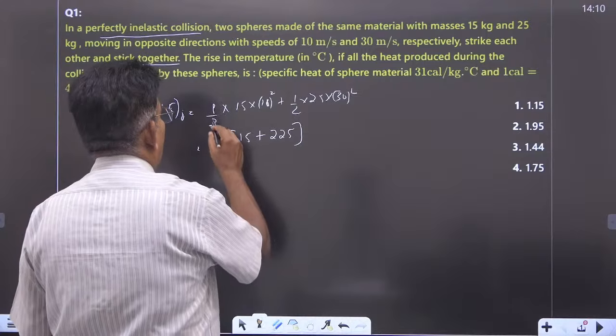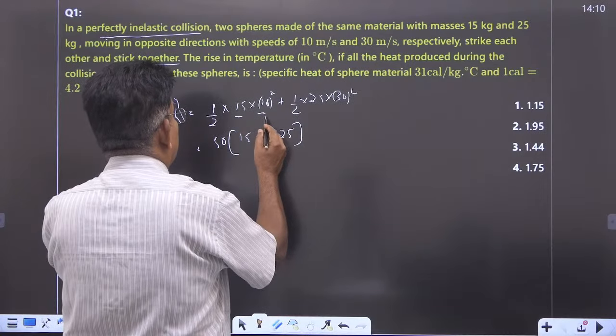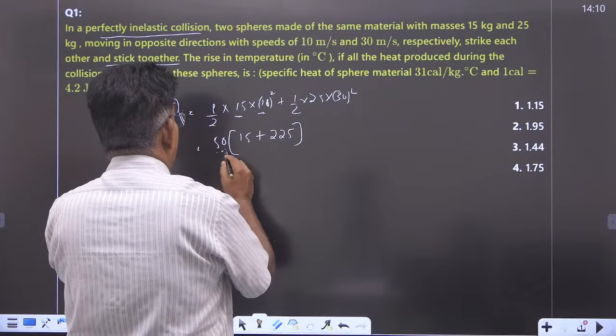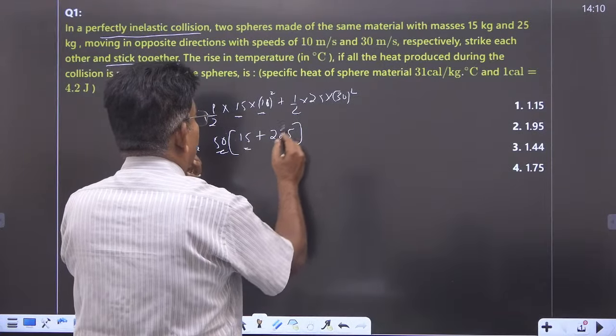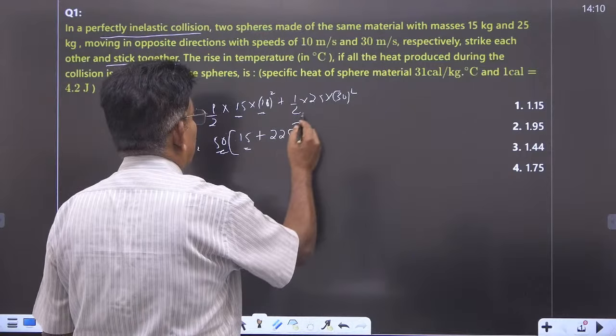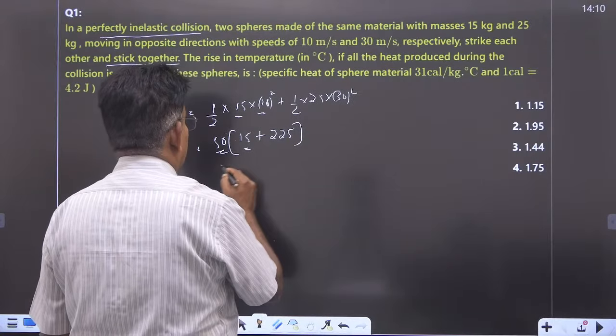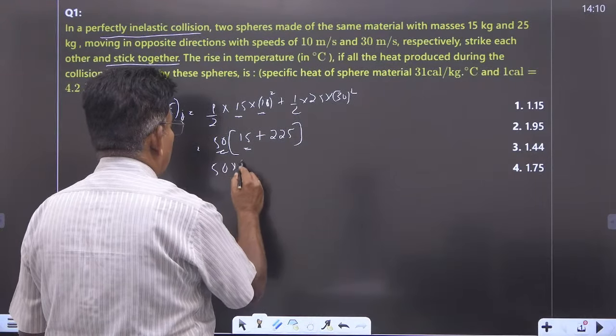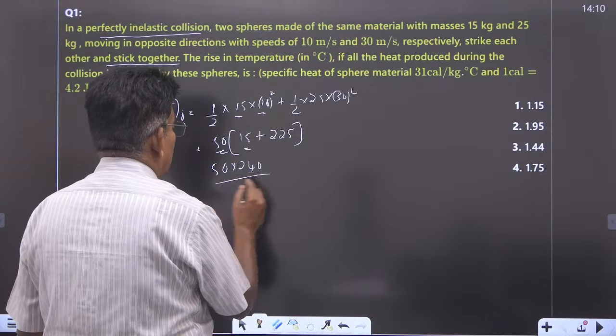Is it correct? Half into 15 into 10 square, 10 square is 100. I have taken out 100 by 2 and remaining 15. Here 900, 100 I have taken out 100 by 2 and remaining 9 into 25. That comes to be 50 into 240. So many joules.